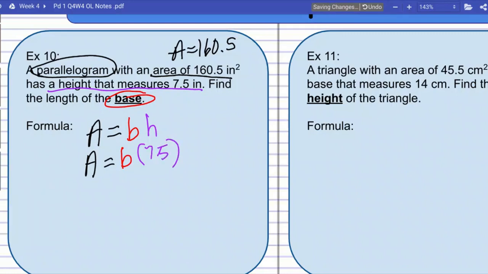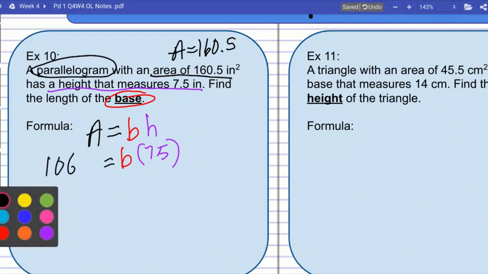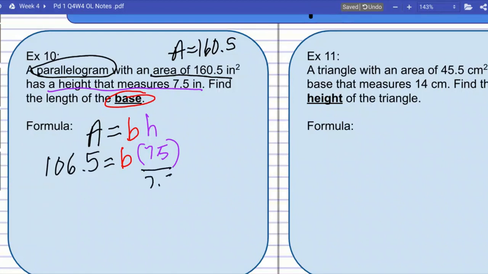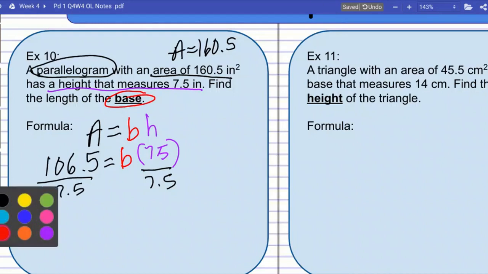But we know the area is 106.5. If we want to solve for b, we just divide both sides by 7.5. And the length of the base is 14.2 inches.